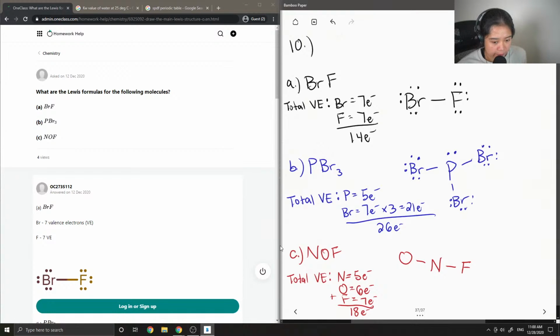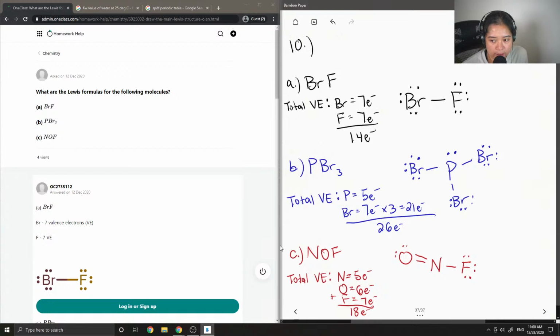And then if we were to fill in all of the lone pairs, fluorine has 6. So it already has a full octet. So I know I don't need to form a double bond with the fluorine. But if I were to draw in all of the lone pairs on the oxygen, there would be 4.